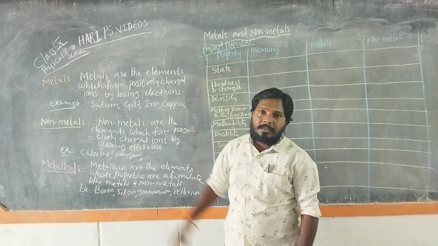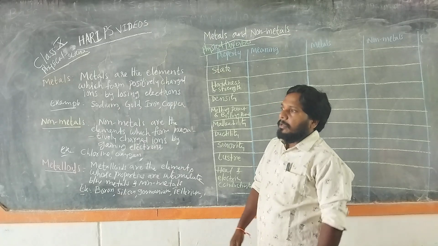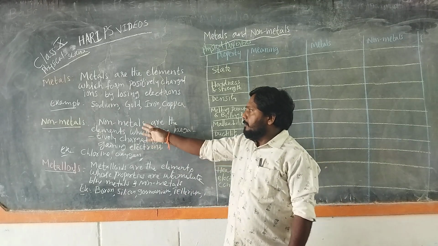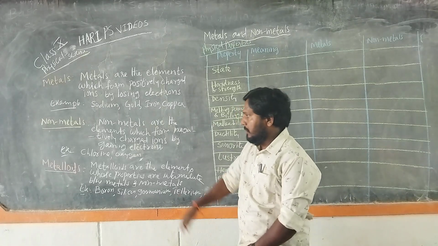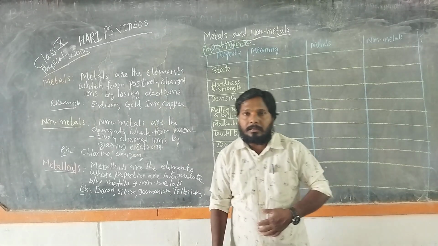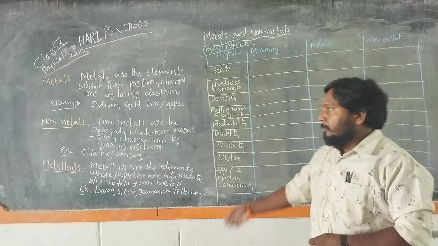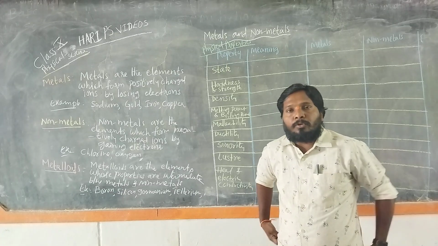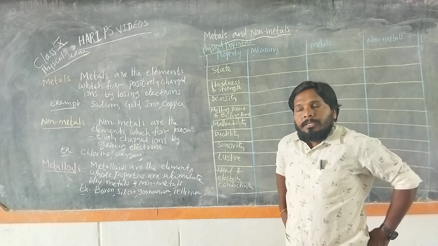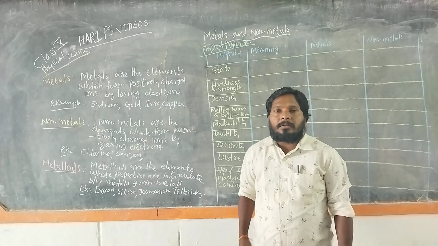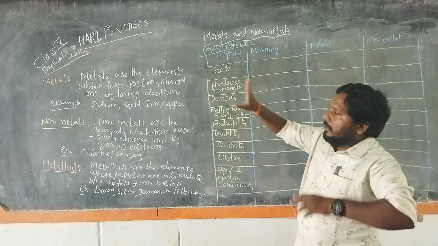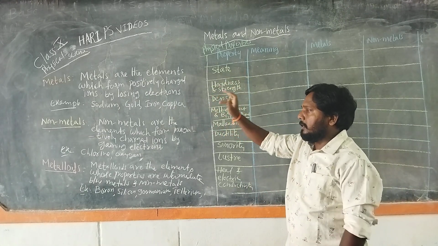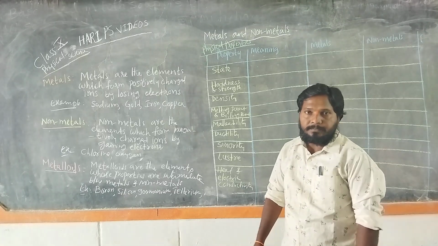Non-metals are the elements which form negatively charged ions by gaining electrons. Examples are chlorine, oxygen, fluorine, iodine. So that covers what metals, non-metals and metalloids are.